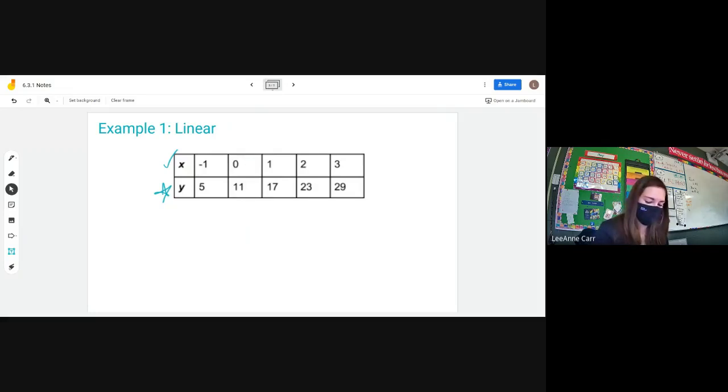So if I am looking at a linear function, as I said, we're looking for a common difference. So I am going to subtract the previous Y value to determine if I get the same number every time. So 11 minus 5, that's going to give us 6. 17 minus 11, that's going to give us 6. 23 minus 17, again, that will give us 6.